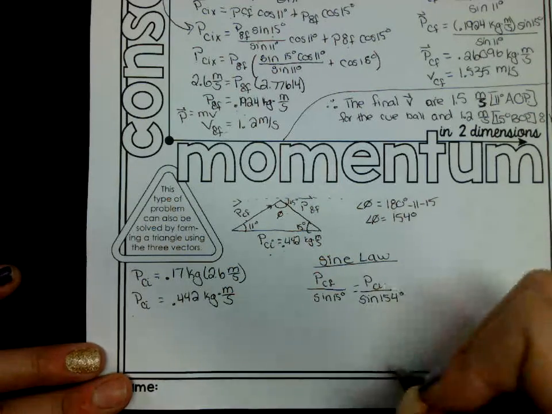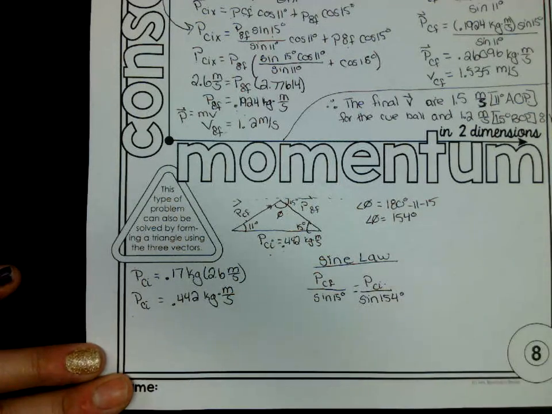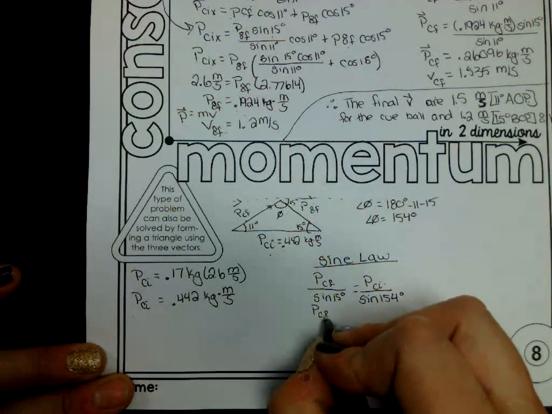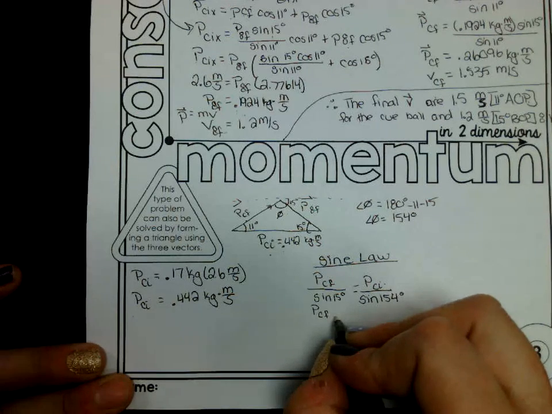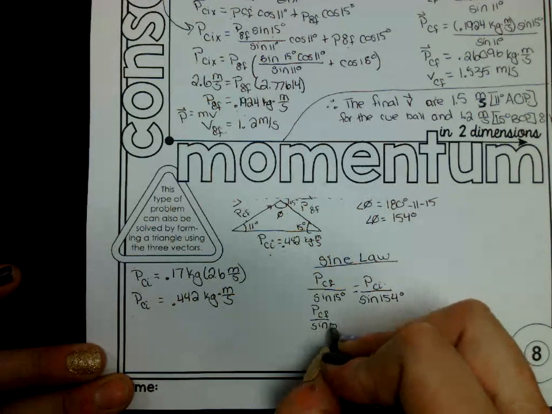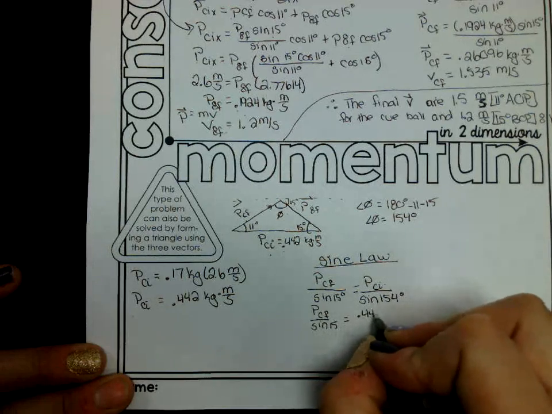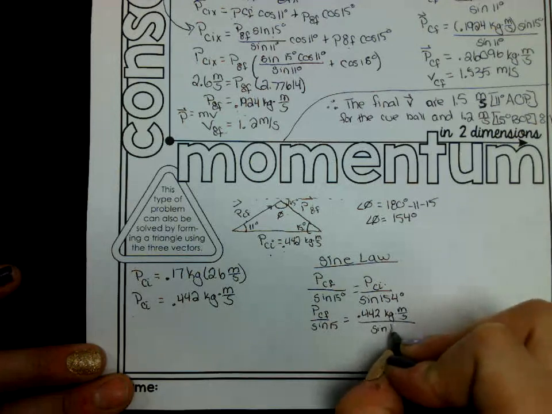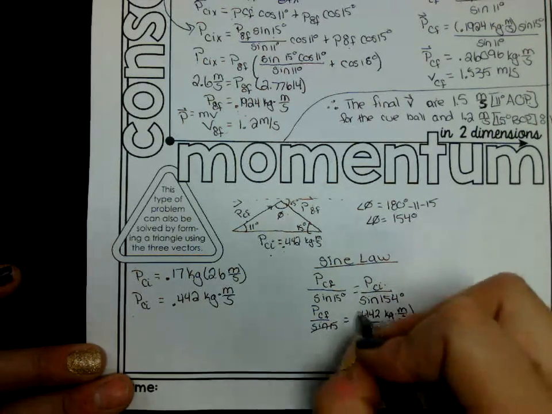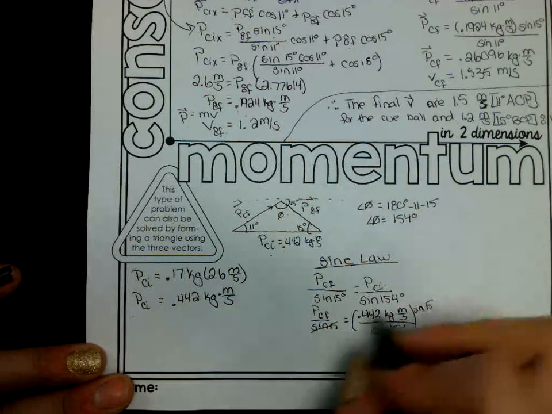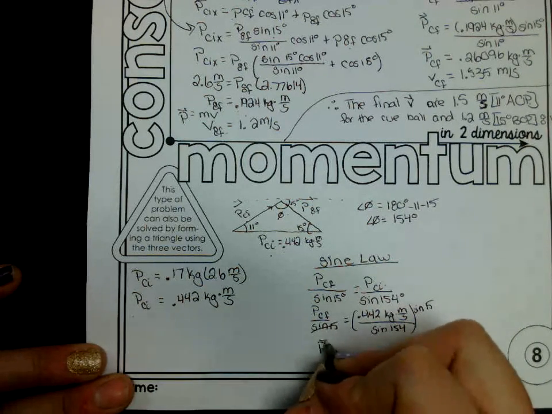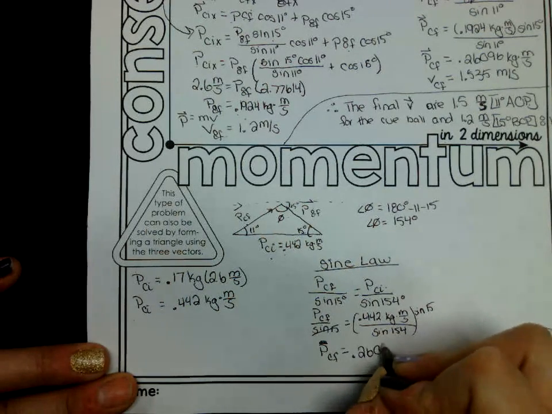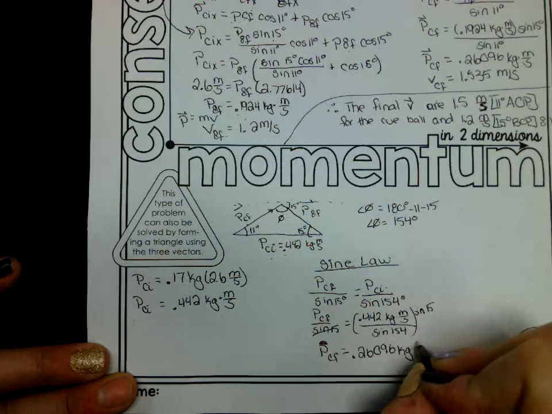We're going to plug in what we know. So the momentum of the cue ball final over sine of 15 is equal to 0.442 kilograms times meter per second over the sine of 154. I'm going to multiply this side times the sine of 15. So the momentum of the cue ball final is, in a vector, I keep making that mistake, is 0.26096 kilograms times meter per second.